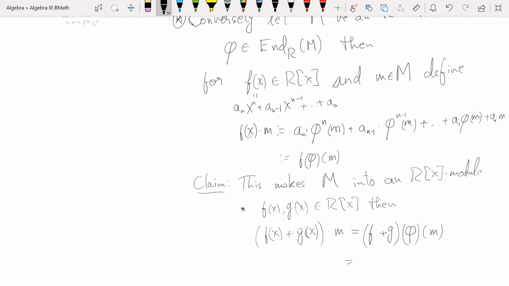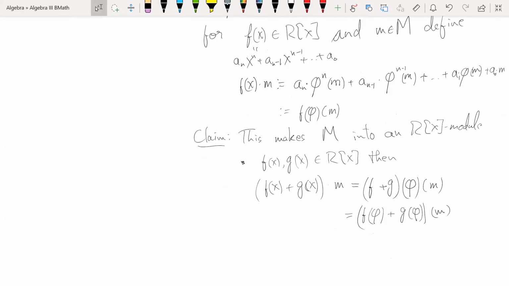But (f plus g) evaluated at phi is the same as f(phi) plus g(phi), and then evaluated at m. But f(phi) and g(phi) are linear, endomorphisms of M, so this is the same as f(phi)(m) plus g(phi)(m), since the sum is defined that way.